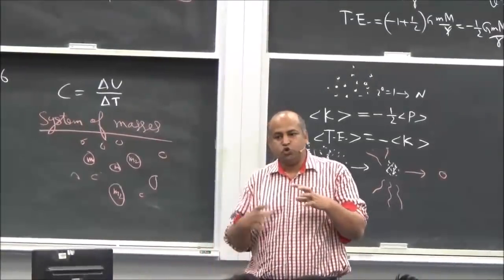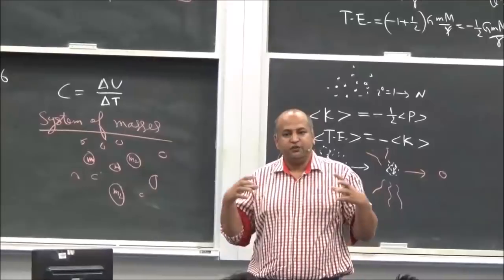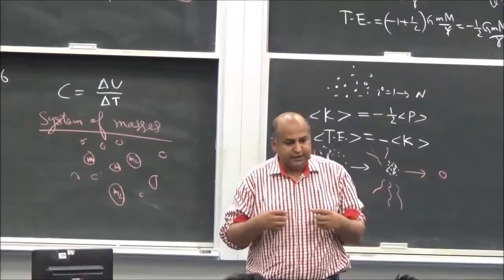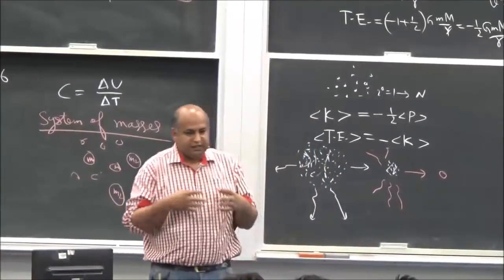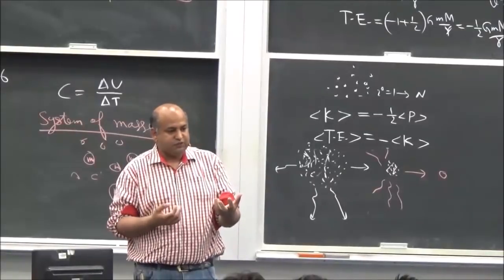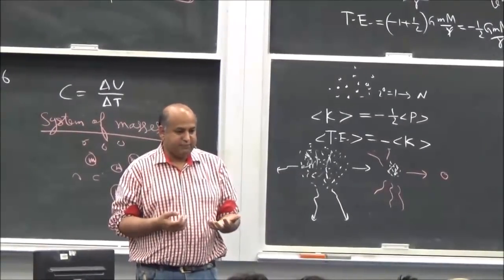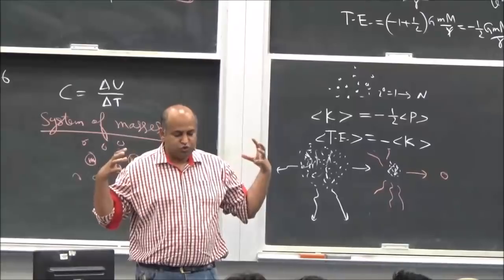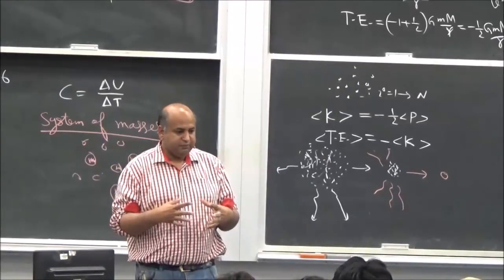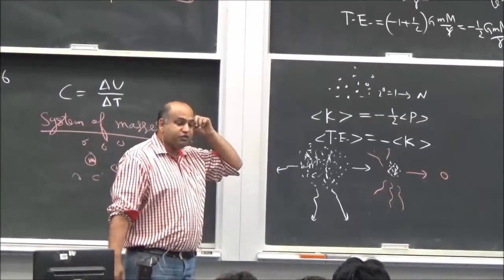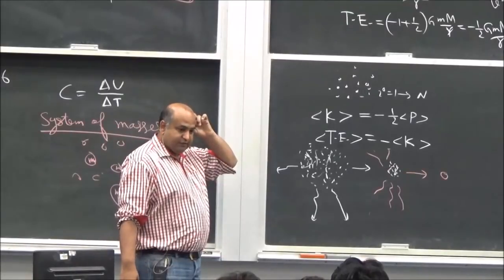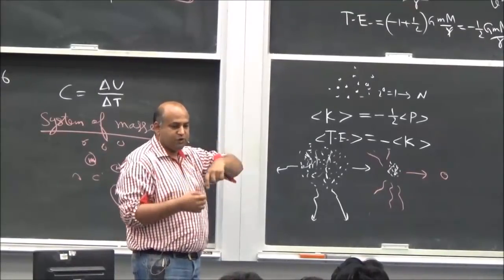Because if there's no source of energy inside a star, it will keep on collapsing. So that addition of energy by the fusion reaction inside the core of a star actually helps make it stable and stop its further collapse. Because addition of energy reduces temperature, which makes the velocity smaller.